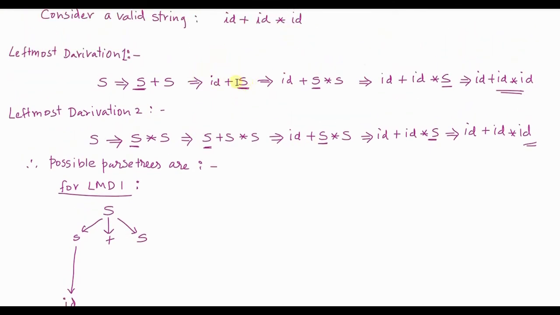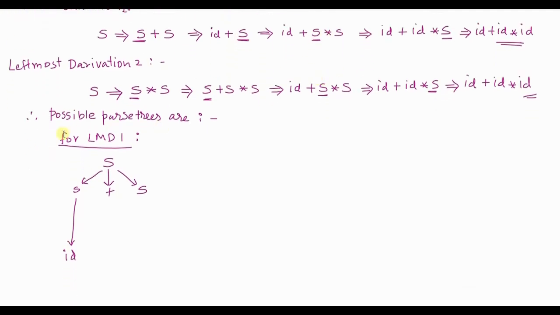Then this S was expanded as S into S. Then this S was replaced with identifier ID, and finally the last S also gets replaced with identifier ID. So this is the parse tree for the first leftmost derivation.